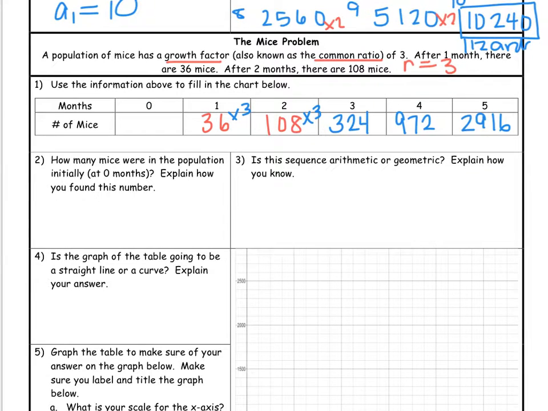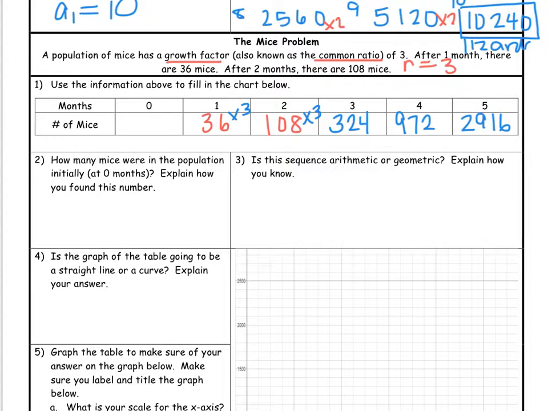So how do we work backwards to get this number? That's question number 2. How many mice were in the population initially at 0 months? Well, we know that the growth factor, if we do 108 divided by 36, we get 3. So what number can I multiply times 3 to get 36?